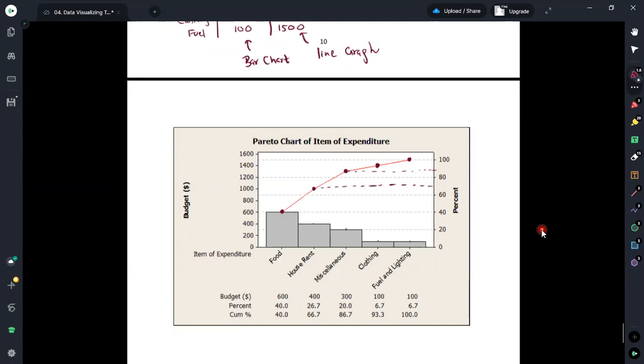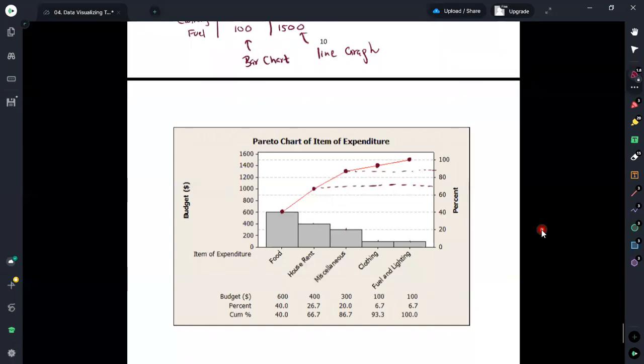The percentages and cumulative percentages that are included can be used for the interpretation of these charts. These are the methods generally used as data visualization techniques.